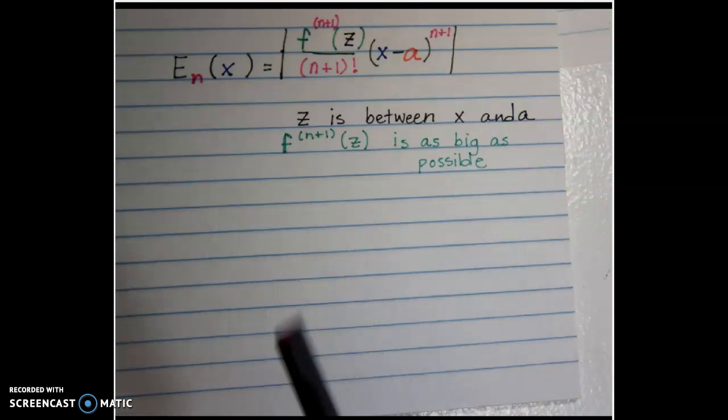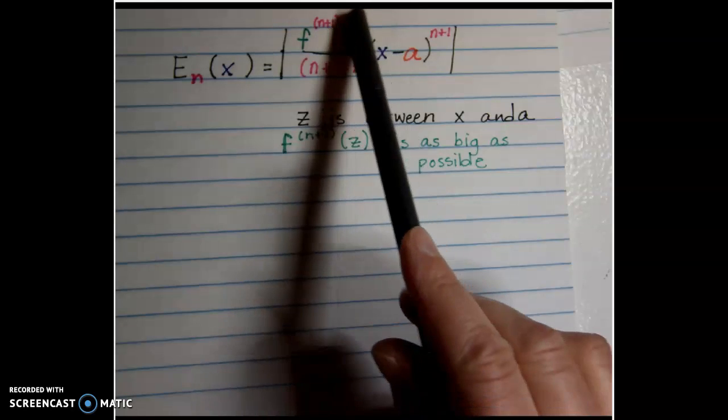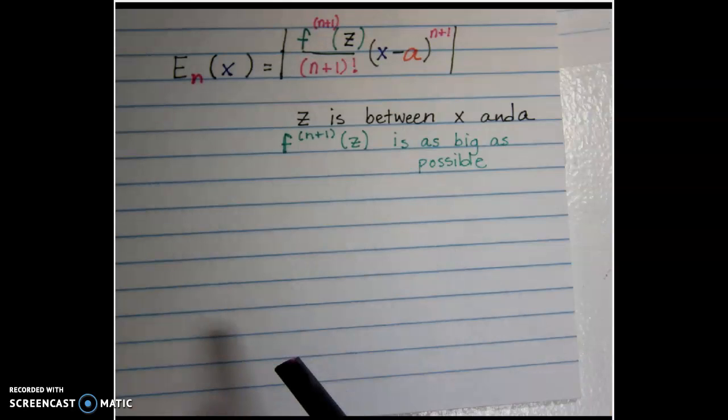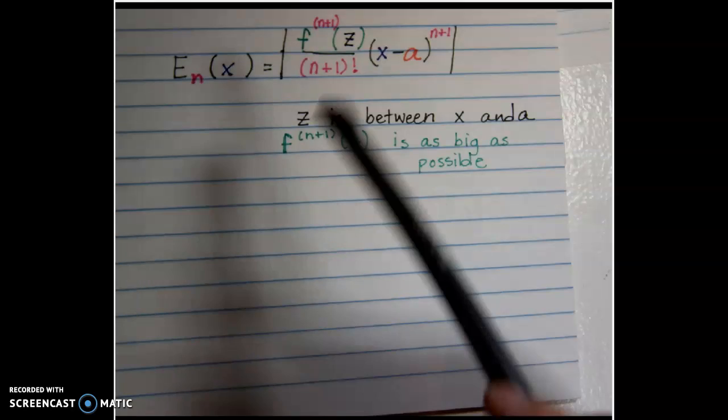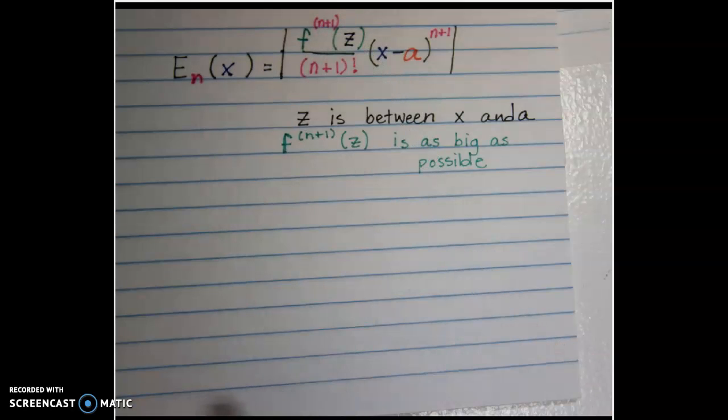The only thing different is instead of evaluating the derivative at a, which is what we do when it's the next term in the series, we're going to evaluate the derivative at z, and z has to be some number between x and a. And we're choosing a z that will make the derivative as big as possible.